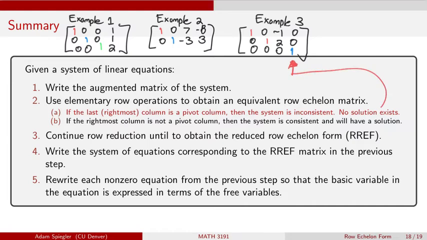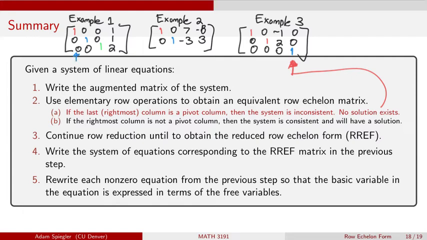In this most recent example that we did, we had a pivot column in the first column, a pivot column in the second column, a free column over here, and then the last column was a pivot column, and that's what led to an inconsistent system. We had no solution. In these other 2 examples, they were both consistent.